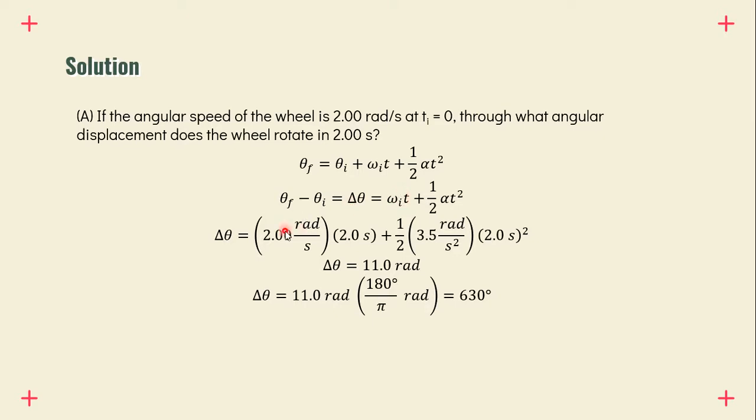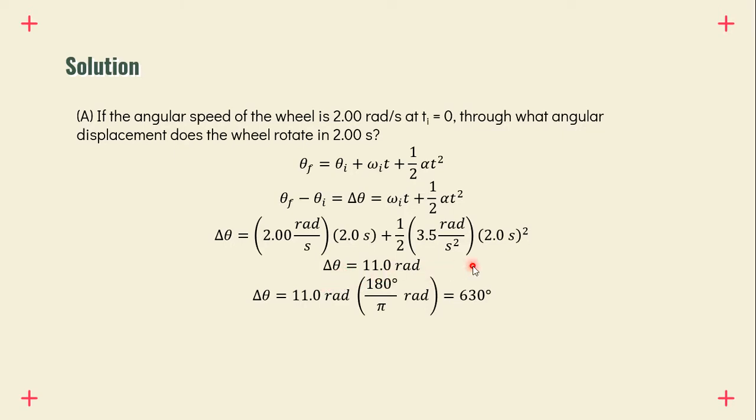So substituting the givens, the known values, to solve for the unknowns, this is the initial speed right here, then time 2 seconds plus 1/2 acceleration 3.5 times time squared, and that gives us 11 radians.